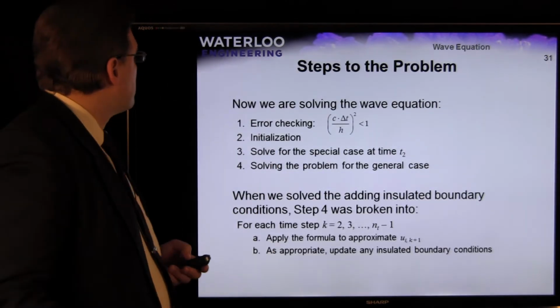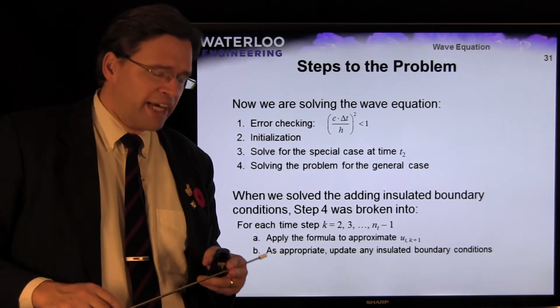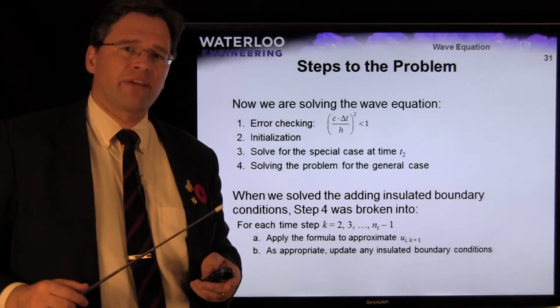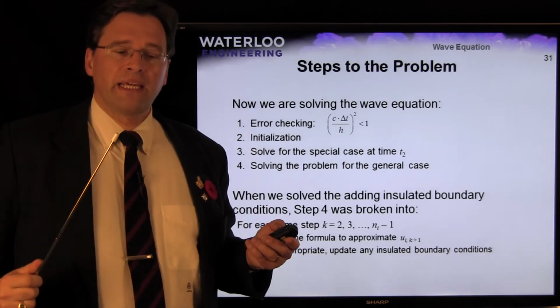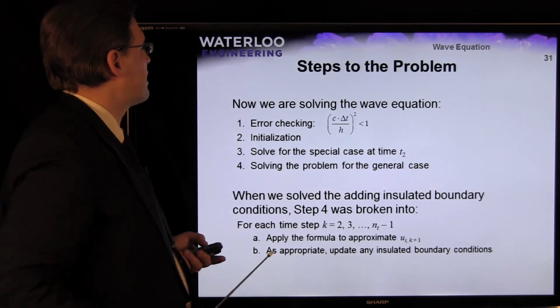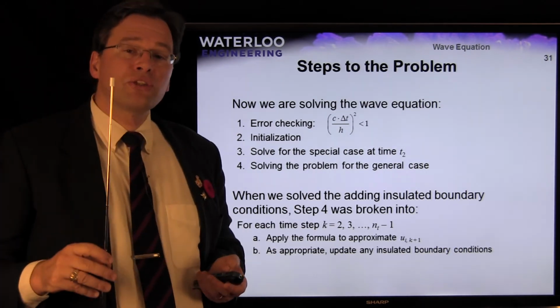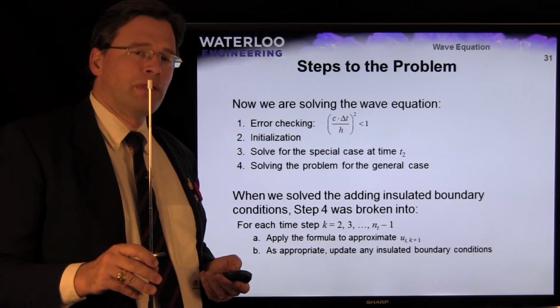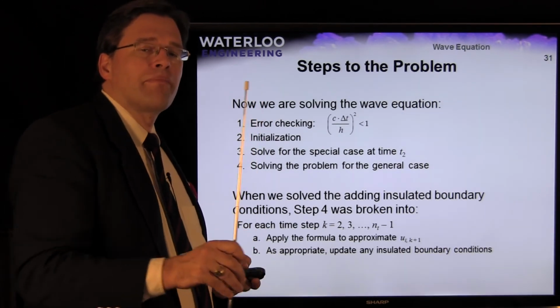All right, so how are we going to solve this problem explicitly? Well, we do have some error checking to do, just like we had with the heat conduction diffusion equation. In this case, we're going to see that this ratio must be less than 1. We'll have some initialization. We have to solve for the special case at time t2. After that, we solve the problem in general.